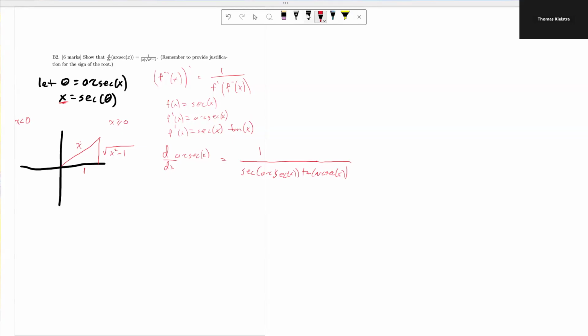So to fix this, we actually turn secant theta into a piecewise function: absolute x over 1 if x is greater than or equal to 0, and absolute x over minus 1 if x is less than 0. And this allows us to complete our triangle, with the other side being the square root of x squared minus 1.